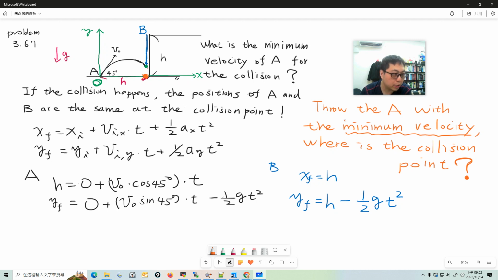The orange point here, just at the horizontal distance h. If I really throw the ball at A with a minimum velocity, the orange point is the collision point. At the minimum velocity, the collision point is h. Can this criterion help us solve this problem?